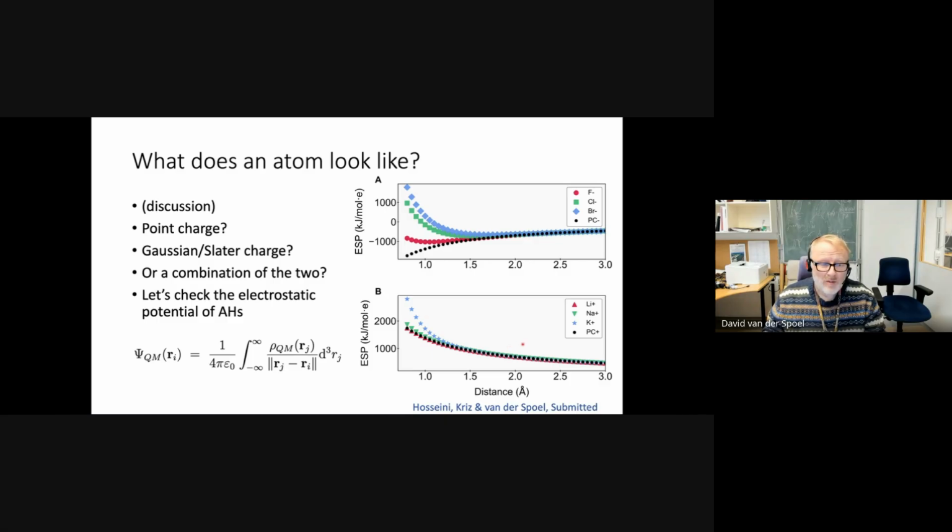So this shows us that point charges are not a good model to describe electrostatic interactions. And of course, ions are the strongest interacting particles, but I think it will also go for carboxylic oxygens. But we are still working on these kinds of things.